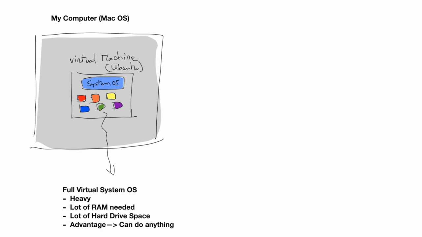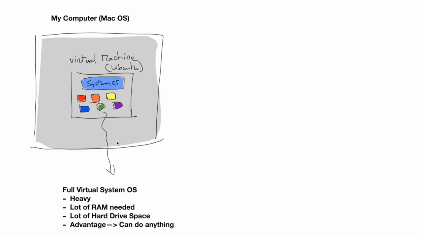And basically, yeah, it's heavy. It can be slow, especially for computation, where you need to have power and speed. So it's not always a good solution. But the advantage is that you can do anything within this system because it's a real system, right? So you can install whatever you want inside this virtual machine.